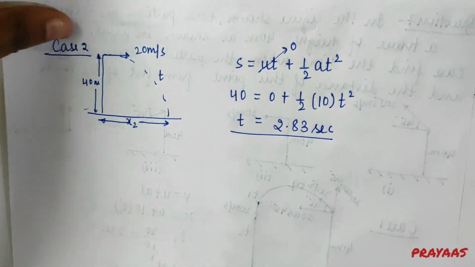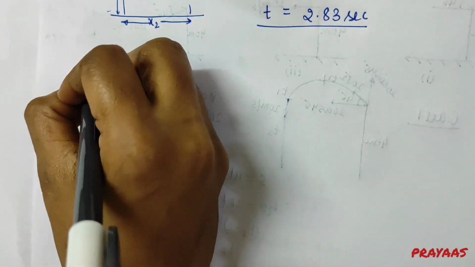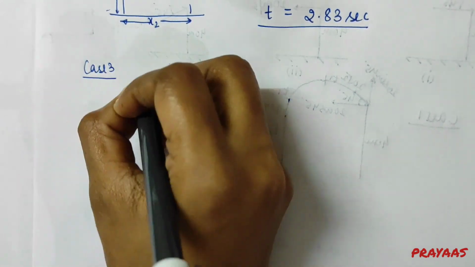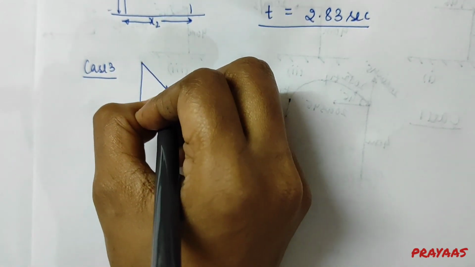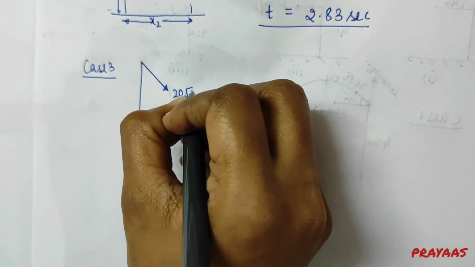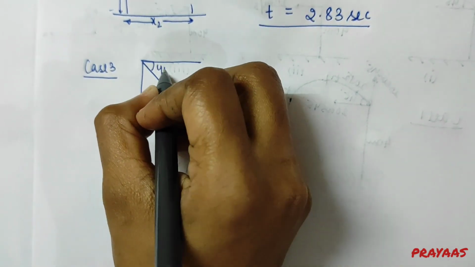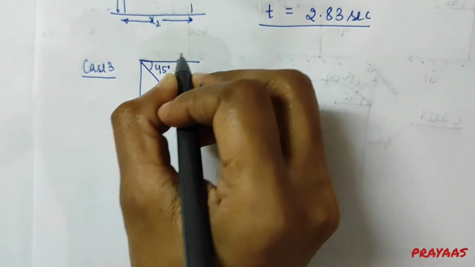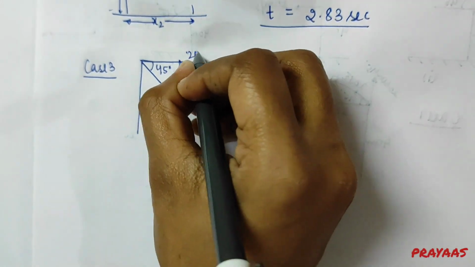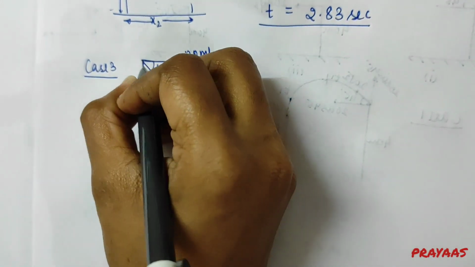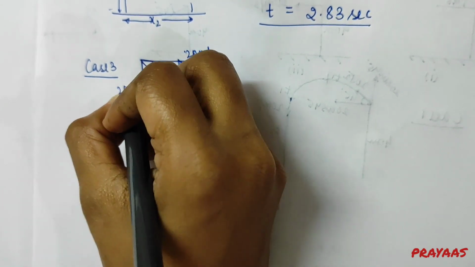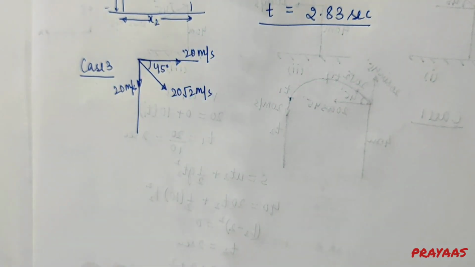Now taking the third case. In case 3, the particle has been projected like this with a velocity of 20√2 meter per second at an angle of 45 degrees with the horizontal. The x component of the velocity will be 20 meter per second and the y component will be 20 meter per second in the downwards direction.